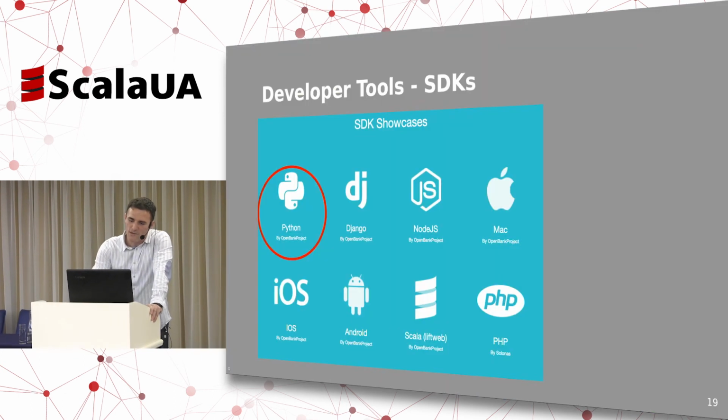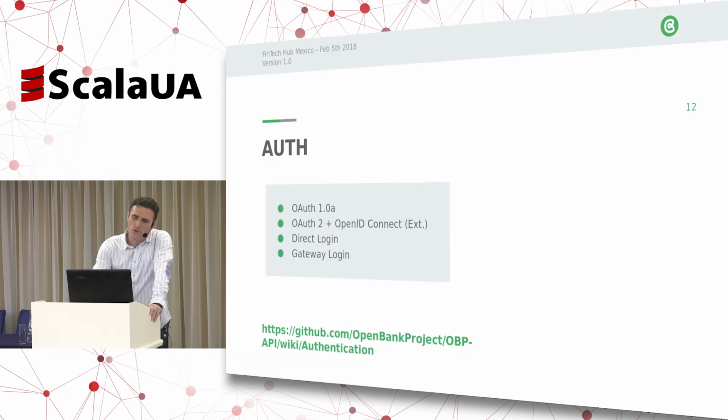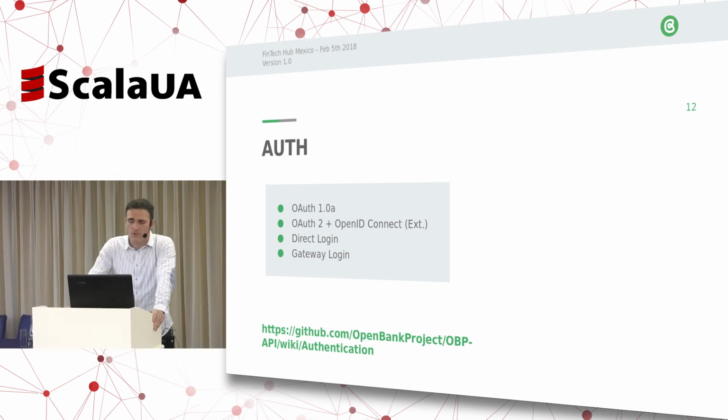So we use OAuth 1, OAuth 2, direct login and gateway login. Gateway login is totally custom. I will stick to OAuth 1.0, which is implemented, and the OBP API server works as an OAuth server.